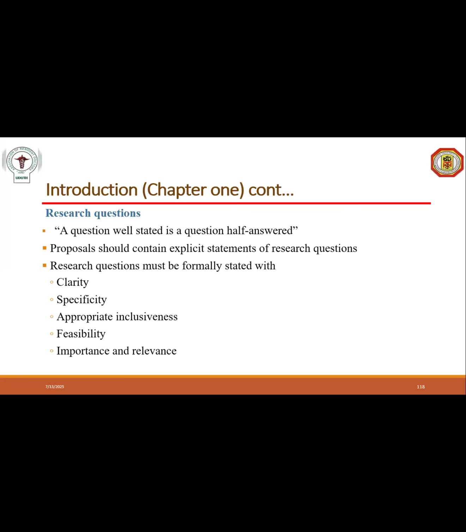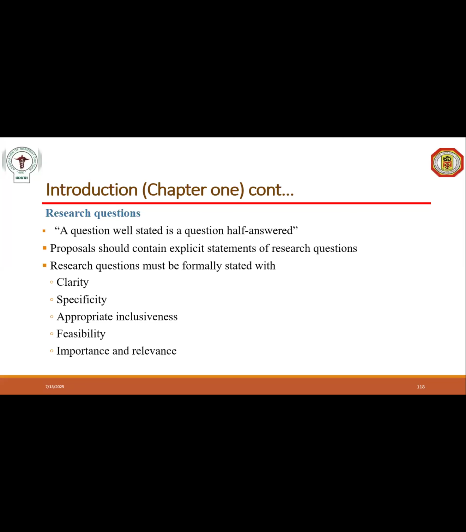So now, for example, let's say I want to study the knowledge of malaria among primary healthcare workers. In that case, my research question will be, what is the knowledge of malaria among healthcare workers? So in this one, after the research, your conclusion should answer this question.